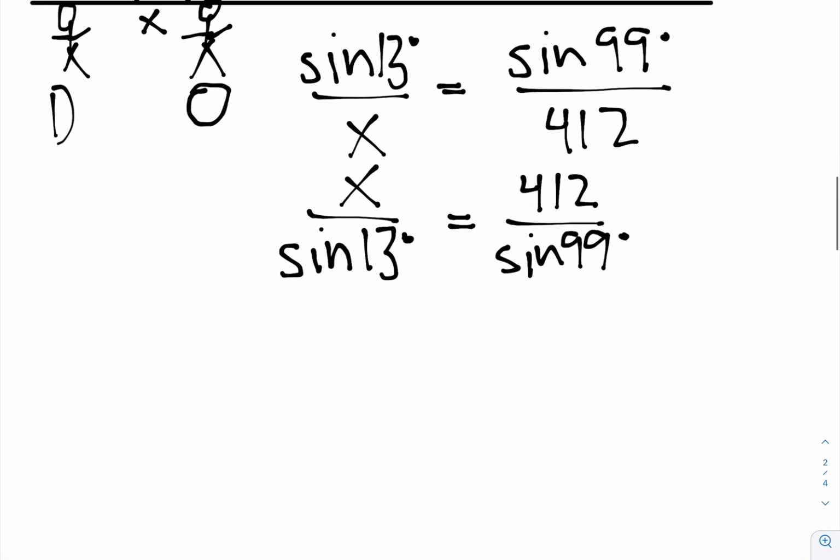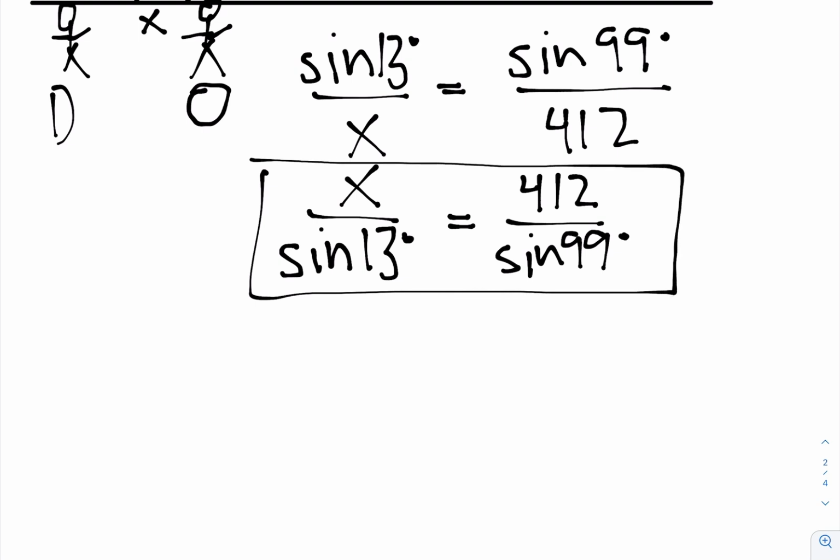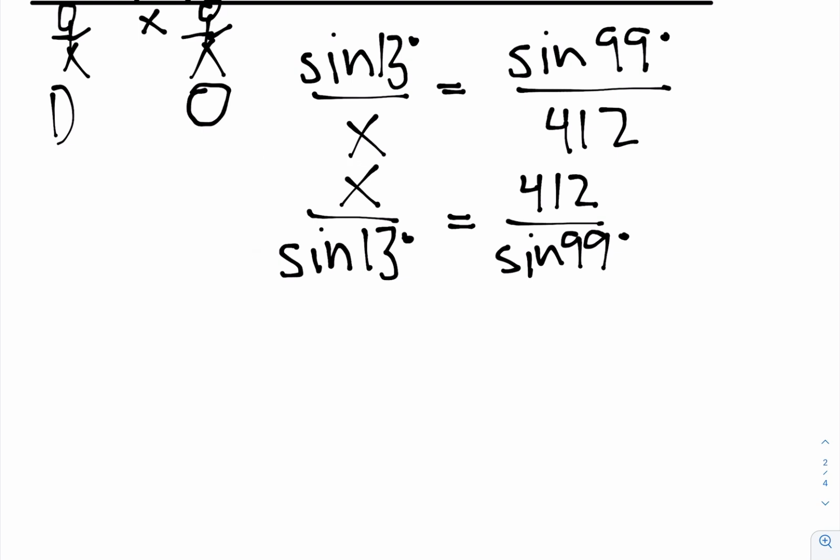Okay, so we can do this because it doesn't matter what's on the top and what's on the bottom. As long as you flip it on both sides, it's going to be the same thing. Because if these two really are equal, that means that flipping two things that are equal will also be equal.